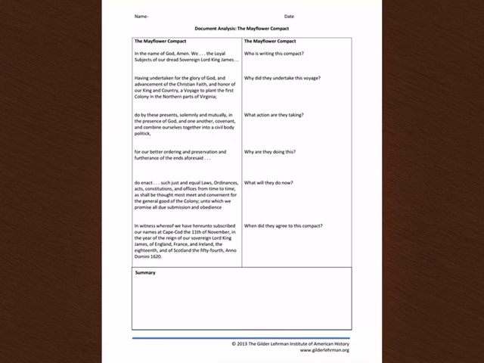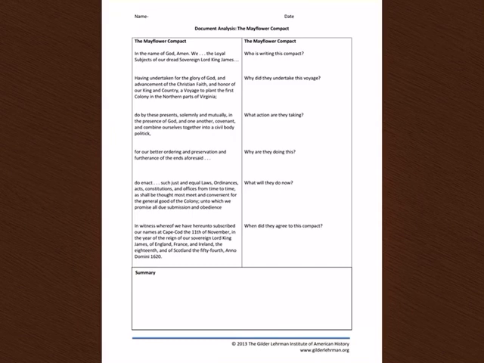Having undertaken for the glory of God. What is undertaking? To try to. Yeah, to go on. Why did they go on this voyage? What were they going on this voyage for? To plant the. Well, I'm helping. You don't have to say the answer. The question is asking, why did they go on this voyage? All right, next one.